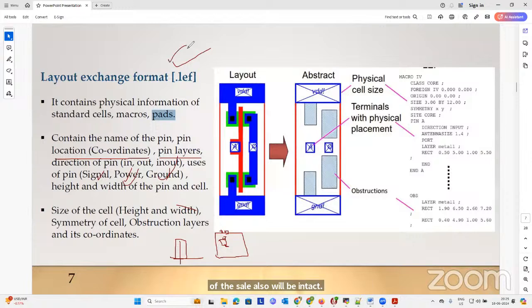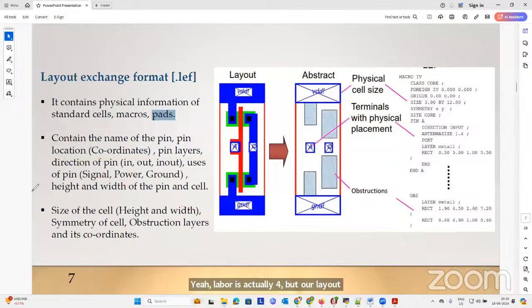Clear? Library exchange format, or layout exchange format. Can I move to the next slide? Tarak, yes, sir. Only Tarak is listening.